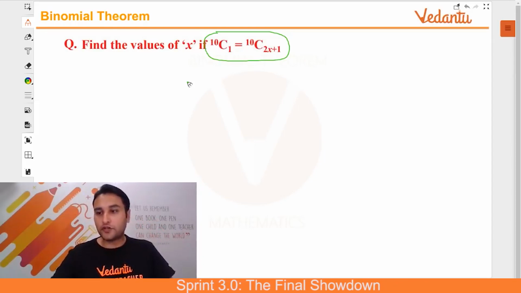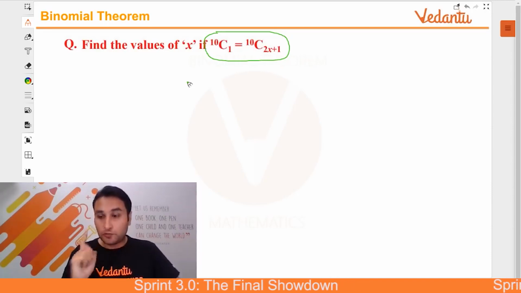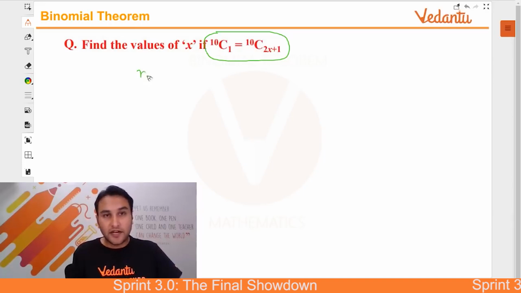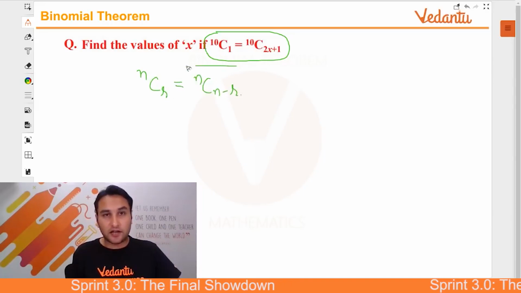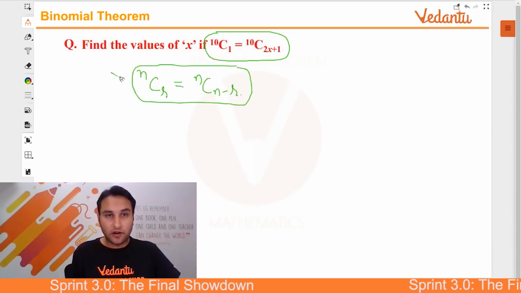Okay? Now we are moving to the second aspect of the problems which come in JEE. For both, guys, remember, nCr is equal to nC(n minus r). Don't forget that. Alright.